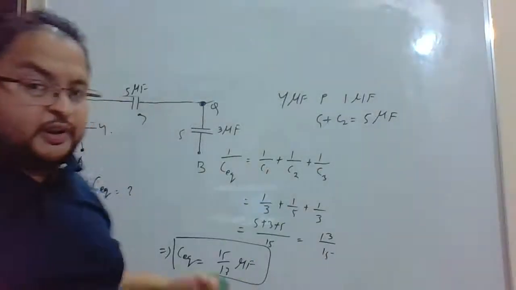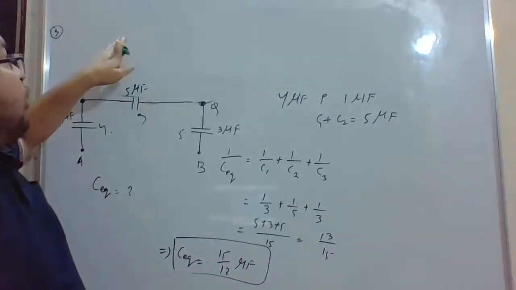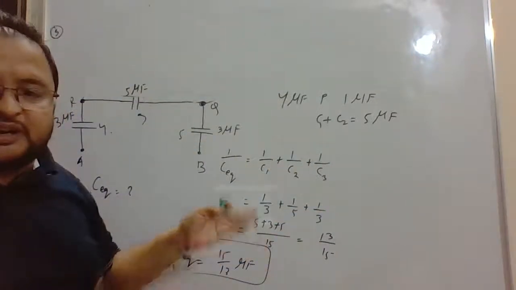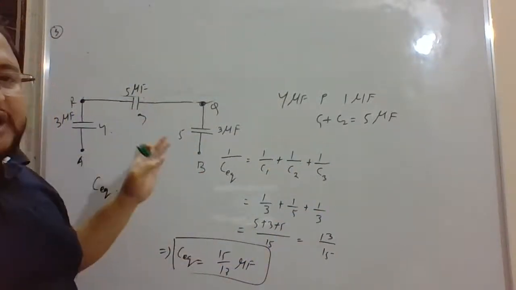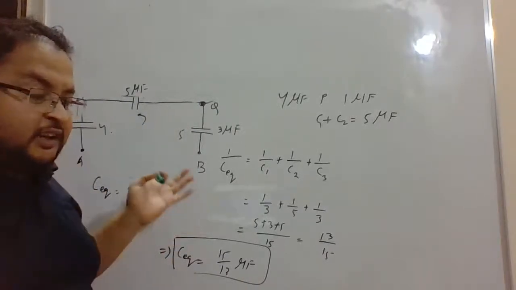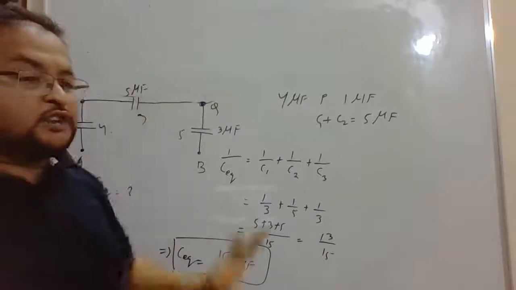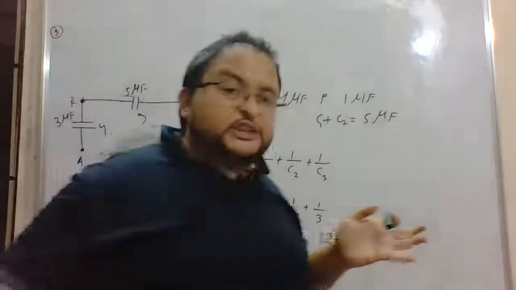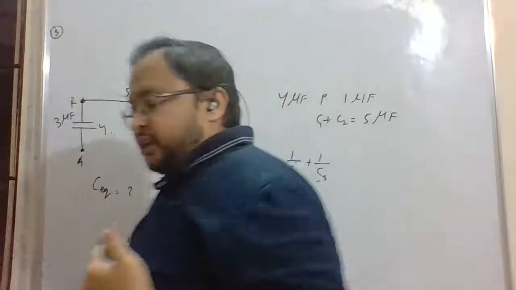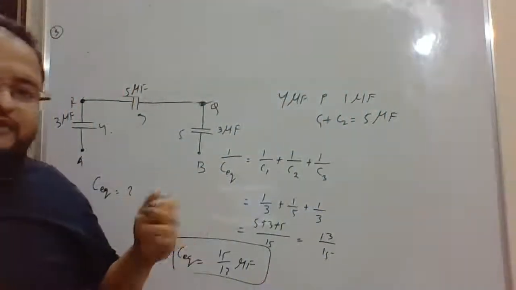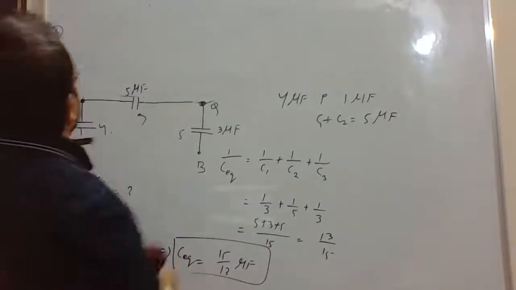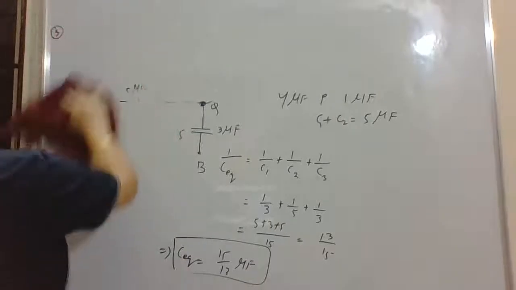If you notice here, if one particular limb is short circuited, that obviously would impact your overall capacitance, and the limb that is across that short circuited path, there would be no charge distribution, and obviously you can remove it from the circuit, and that would make your circuit much simpler, right? So good. Let's move on to the next practice problem.